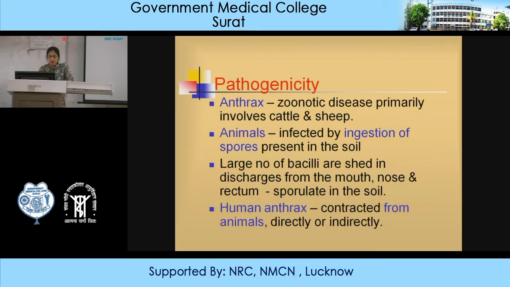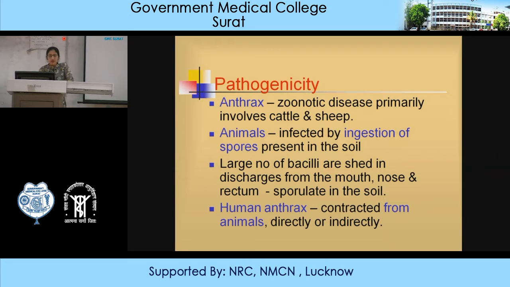Now we will see the different diseases which are produced by this bacillus. In laboratory diagnosis we will see the morphological part. One is anthrax. As you know, anthrax is a zoonotic disease which primarily involves cattle and sheep.